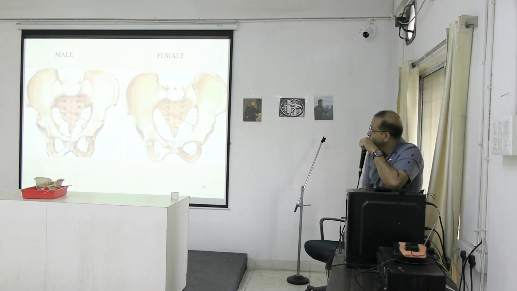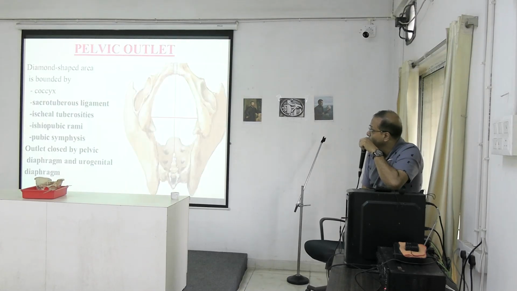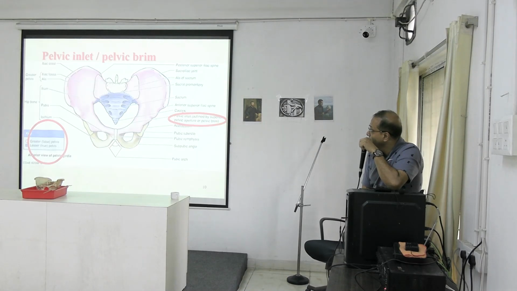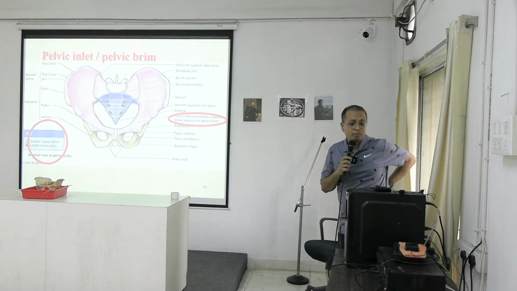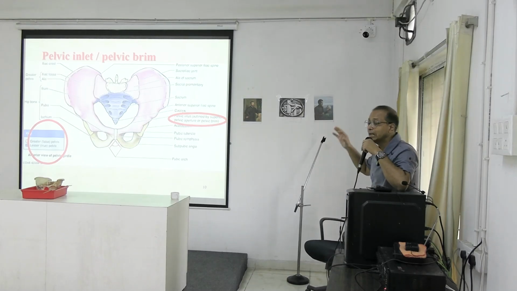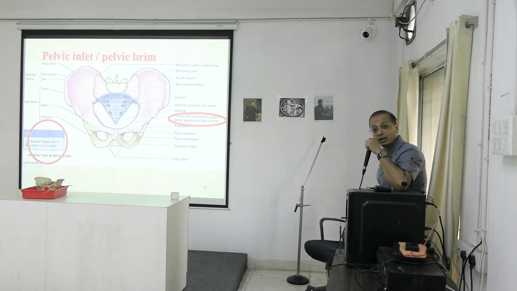Now, coming from these joints, we are going to talk about the pelvis again. So this is where we started. The pelvic brim, also known as the pelvic inlet. What do you mean by the pelvic inlet? That's what you have to narrate here.